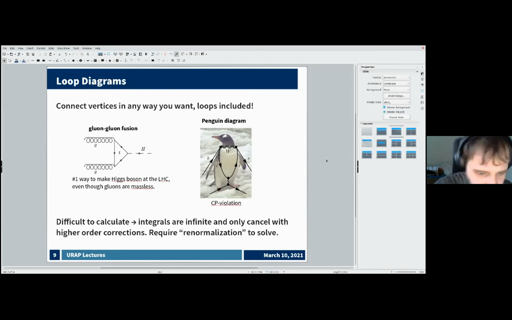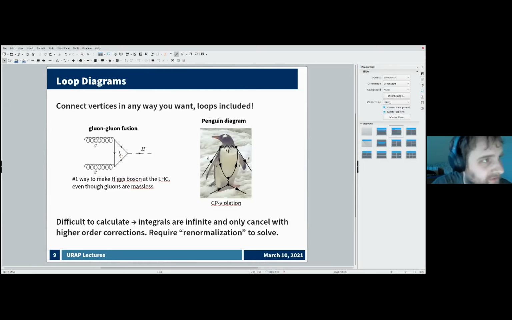The other thing I want to mention about loop diagrams is that they're actually very difficult to calculate. Mainly because if you just write down the integral and integrate it, what you get is a result that is infinite.